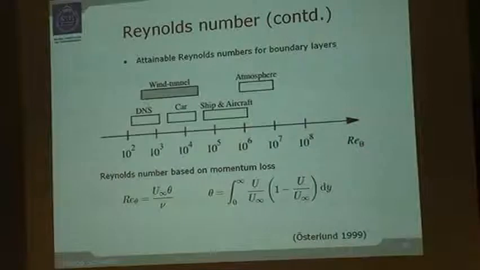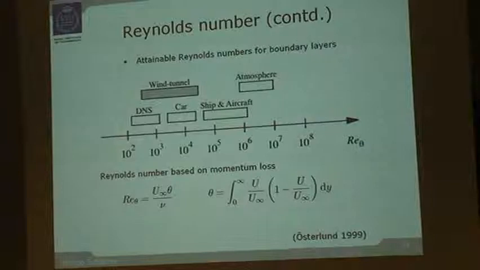Essentially, here we have Re theta, the Reynolds number based on the momentum thickness, and we have various experiments or scales for indicating this. The largest scales, of course, are planetary scales or atmospheric turbulence, which are here maybe in the order of 10 to the 6.